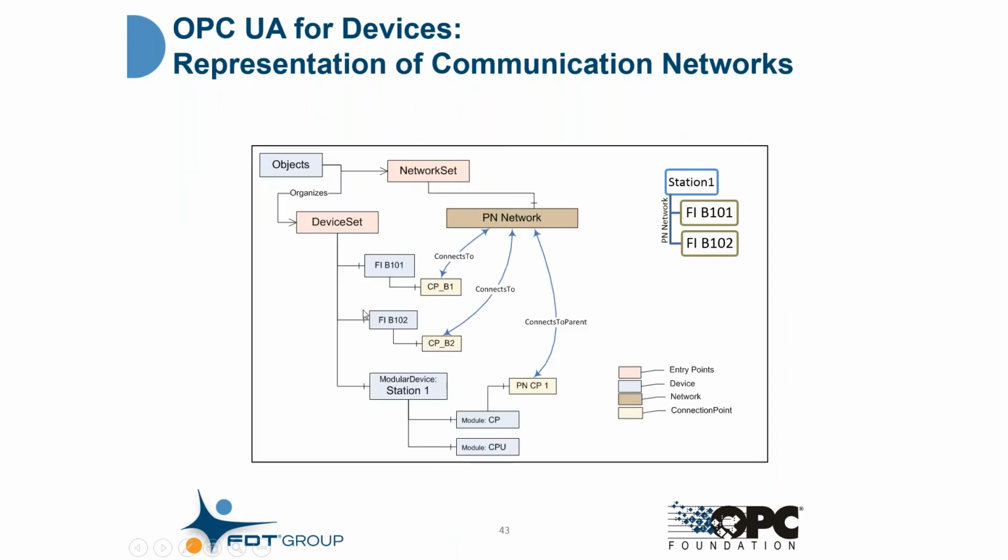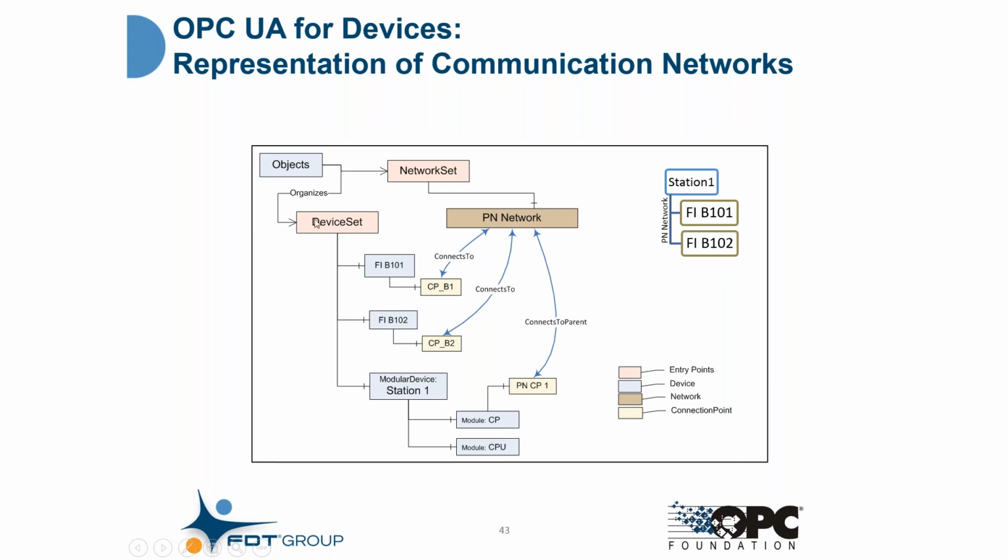So this is a representation of the communication network as defined by OPC UA for devices. If you have a very simple network consisting of a station and two field devices connected via, it looks like a Profinet network, then basically this is represented in the object section of the OPC server. And there's a device set which basically contains all the devices.